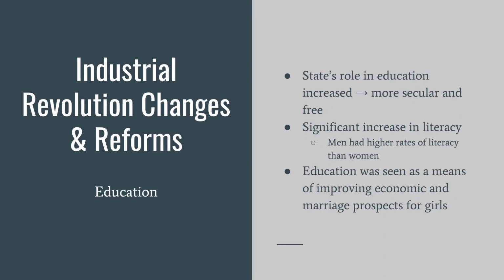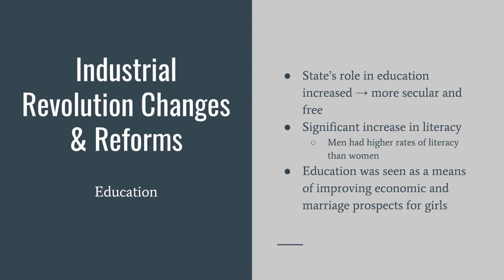And finally, education. The state's role in education became more involved as a result of the Industrial Revolution. When child labor laws are passed, you now have a large part of the population that you can require to go to school.